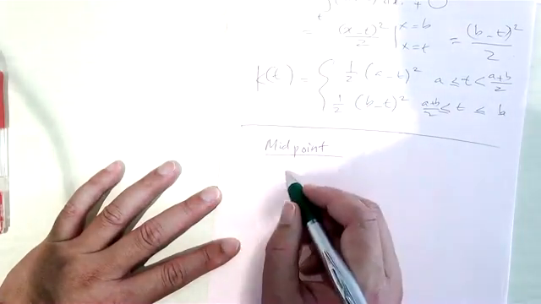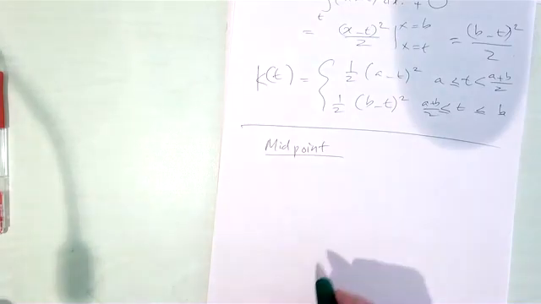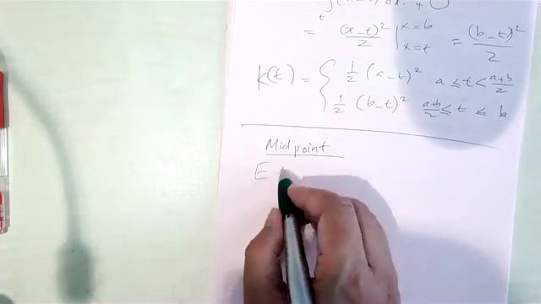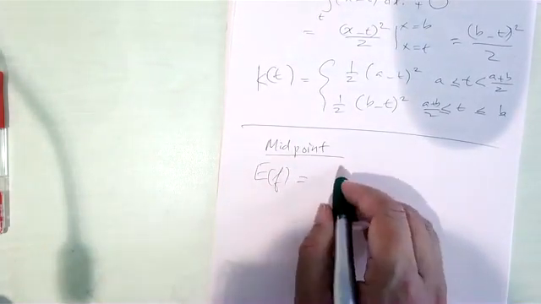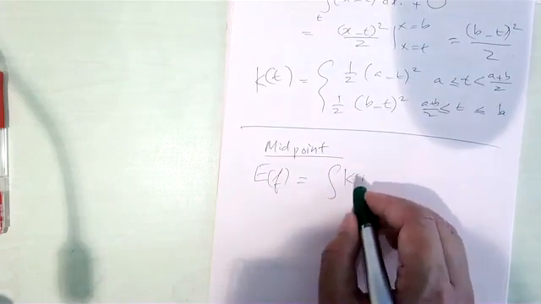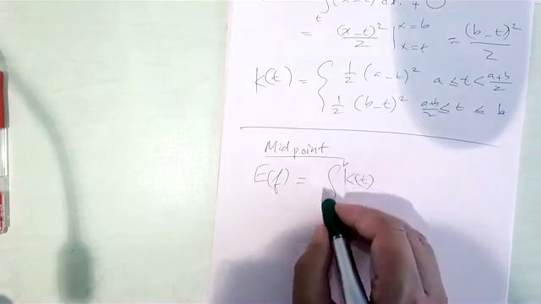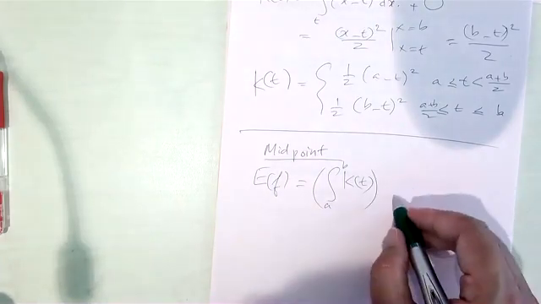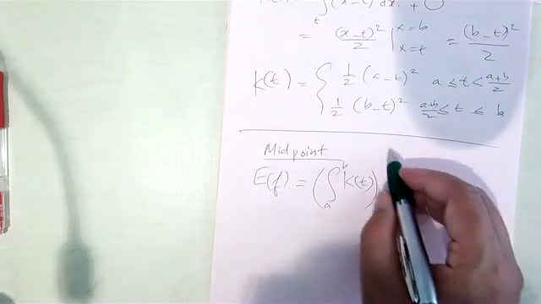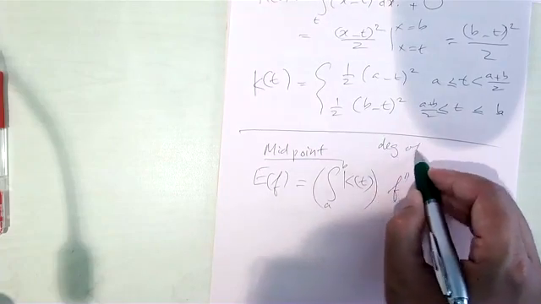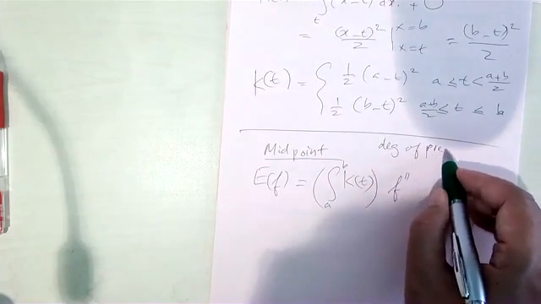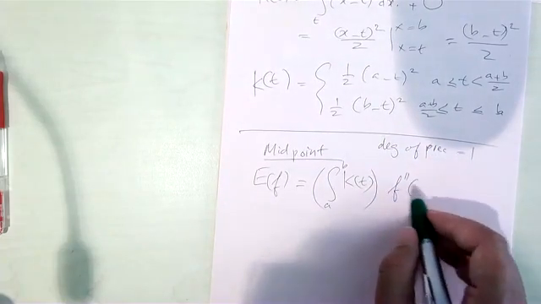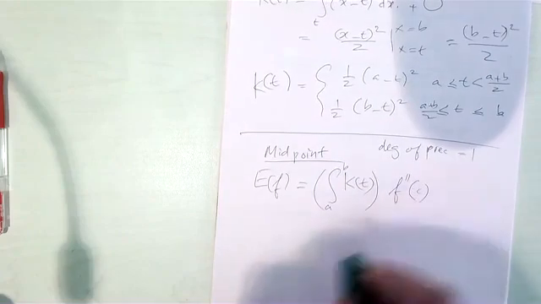And we know that the error of f will be given by the integral of k(t) from a to b times the second derivative, because the degree of precision is 1. That's why you have the second derivative here. Okay?